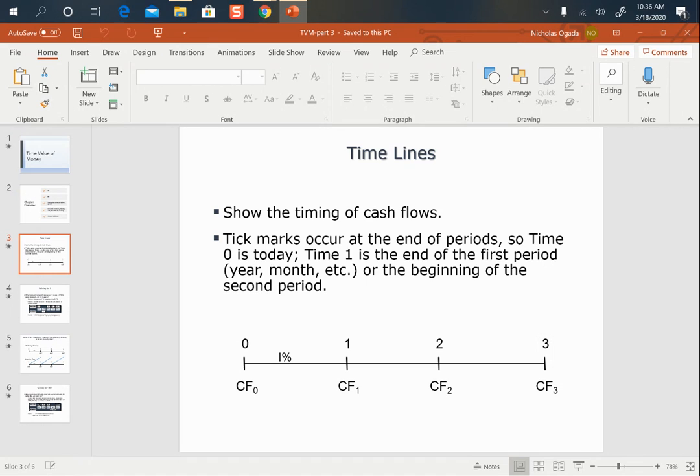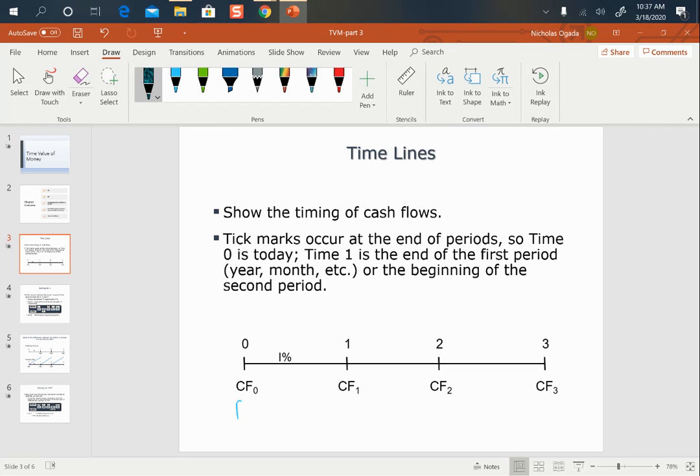So again, use of the timeline is very crucial in solving time value of money problems. In this example, because we are looking at different variables, and that is the interest, in order for us to determine interest or to determine the number of periods, and our focus is on a single amount, we're going to assume you're going to be given the present value.